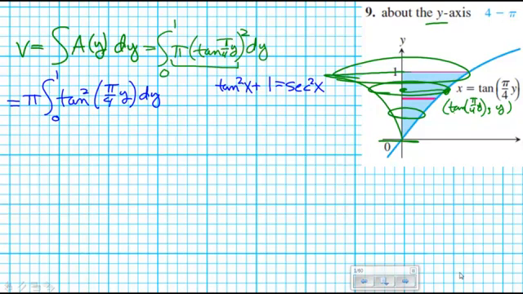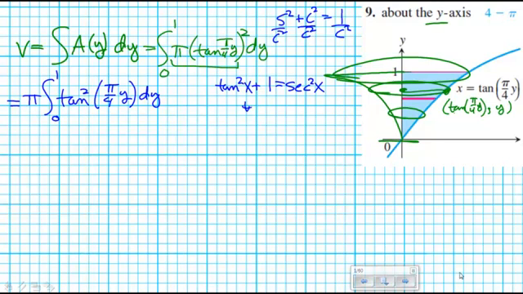Yes. No? Yes. No. Which is it? Is that a true statement? Let me double check. Sine squared plus cosine squared equals 1. And if I divide everything by cosine squared, I get tangent squared plus 1 is equal to secant squared.